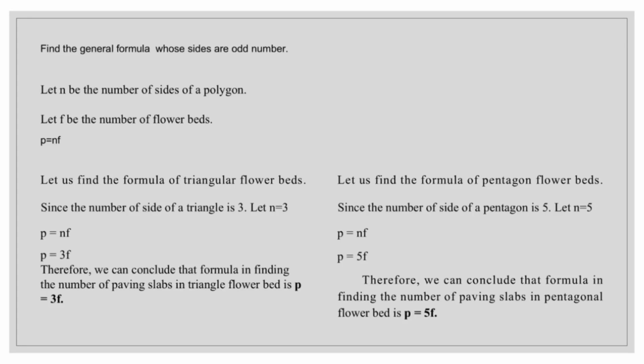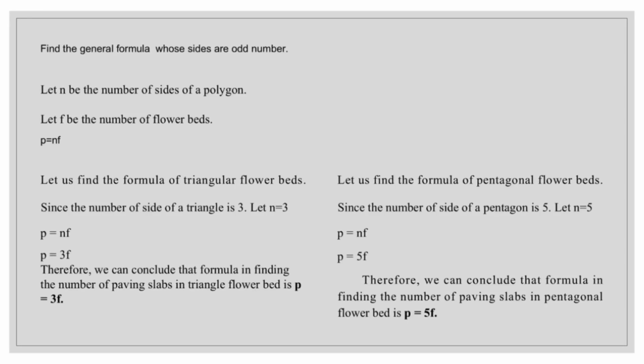Let us find the formula of triangular flower beds. Since the number of sides of a triangle is 3, let n is equal to 3. So our general formula is P is equal to NF. So P is equal to 3F. Therefore, we can conclude that the formula in finding the number of paving slabs in triangular flower bed is P is equal to 3F.